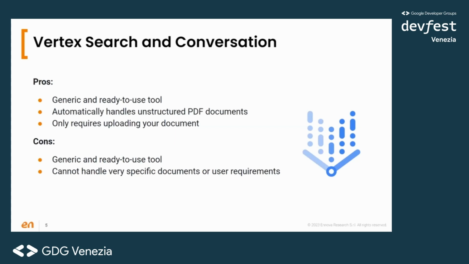But of course, clearly, it's not specific. So for specific use cases, it could be that maybe it fails because the format of the data does not allow it to retrieve the information precisely. It could be that in some cases you need to customize stuff to add metadata to what you're doing.